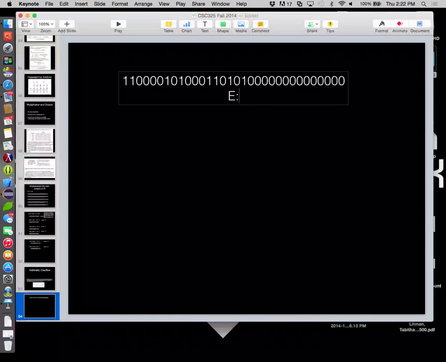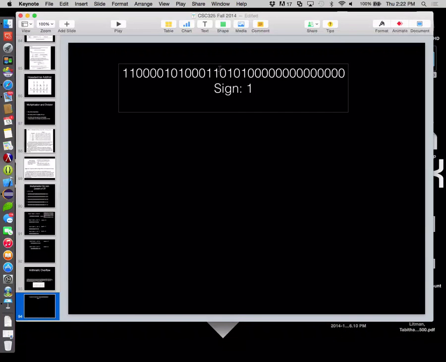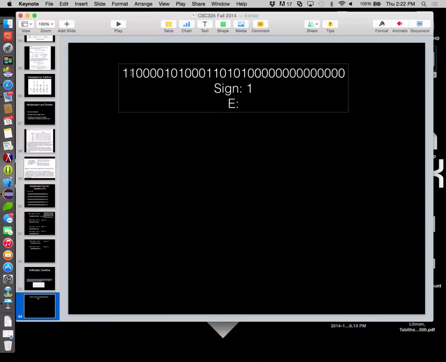So our sign is a 1. Next 8 bits is our exponent. Now let's go ahead and convert this.